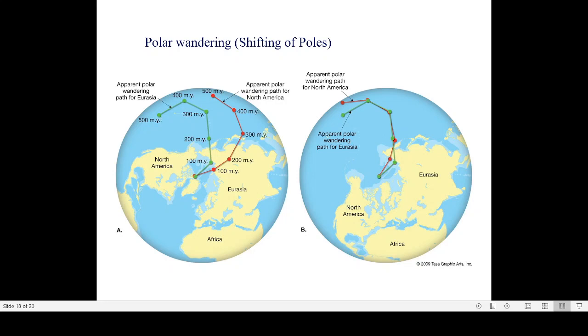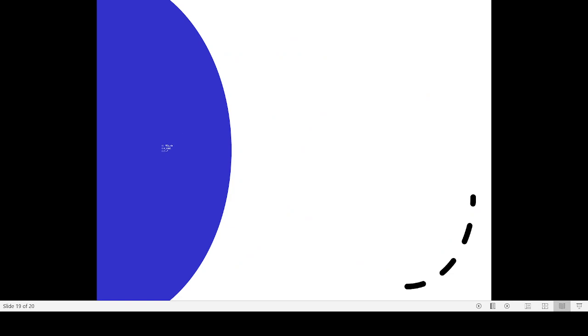This movement of magnetic poles is known as shifting of poles, or polar wandering. If you are studying geology, you may be able to study more about the magnetic shifting or polar wandering. So this is an important evidence in support of the continental drift theory also.